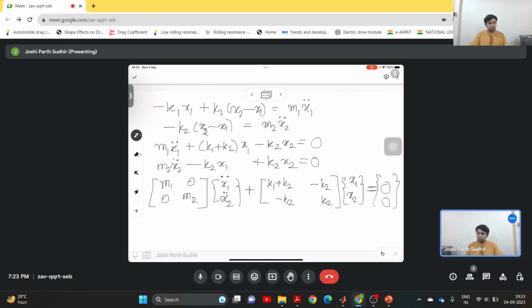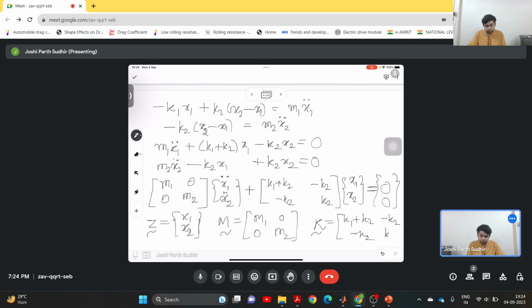Now to solve this system of differential equations, let us call the matrix represented by x1 and x2 as Z, the mass matrix as capital M, and the stiffness matrix as capital K.